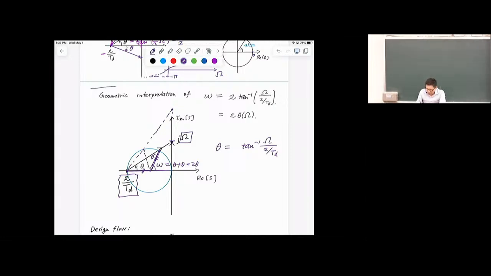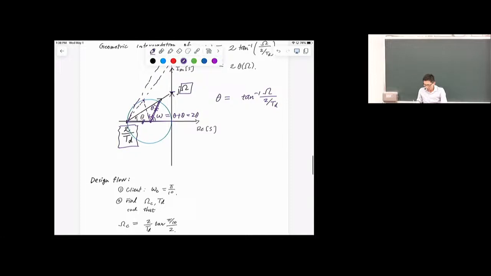If this is the center of your circle, then this is our angle omega. This is how we map the entire line, at least the upper half of this line, to the circle. As big omega increases, small omega also increases, and the relation is that of an arctangent.